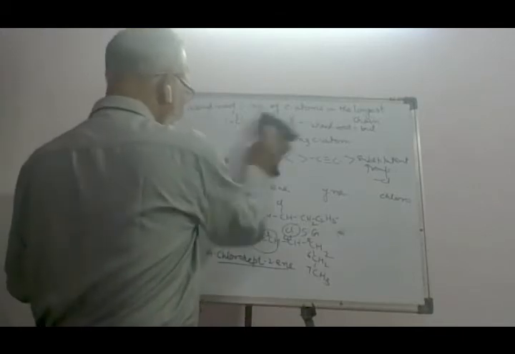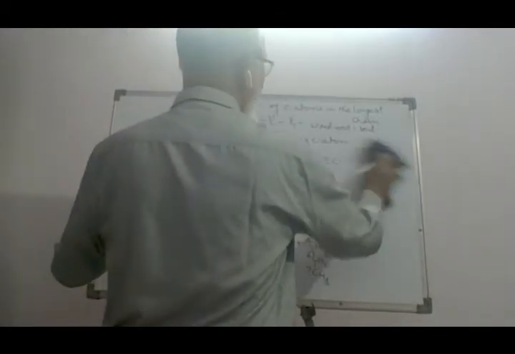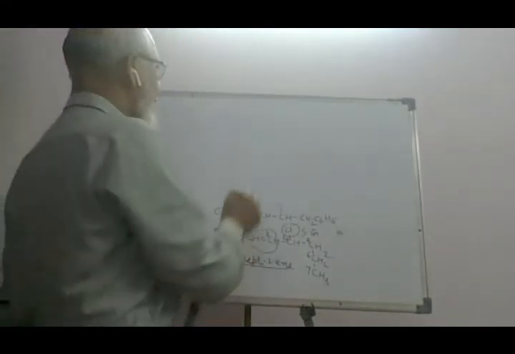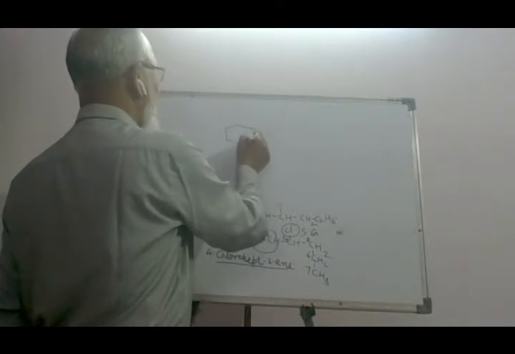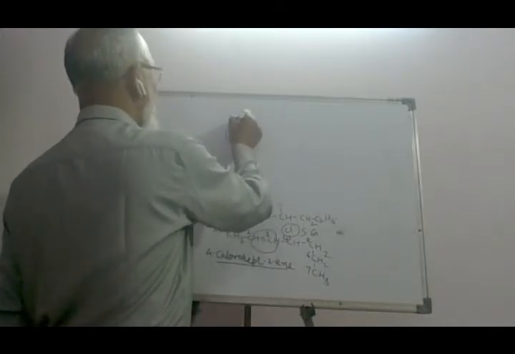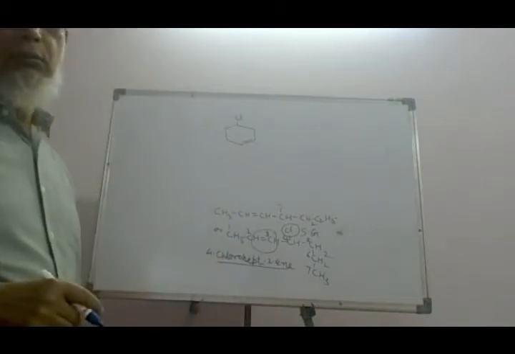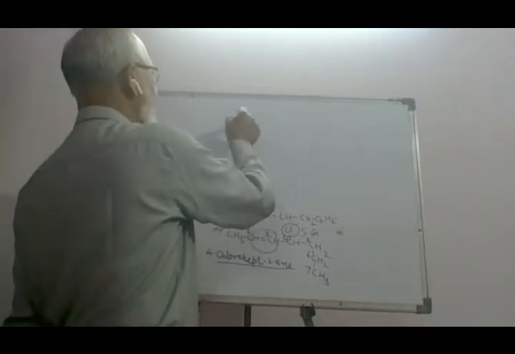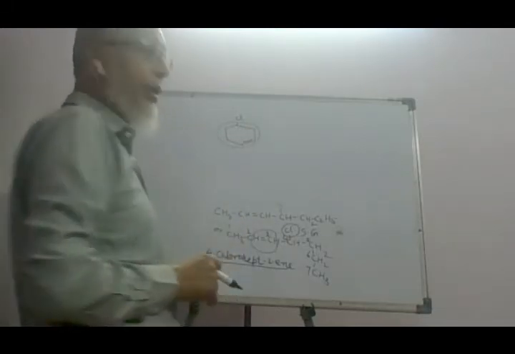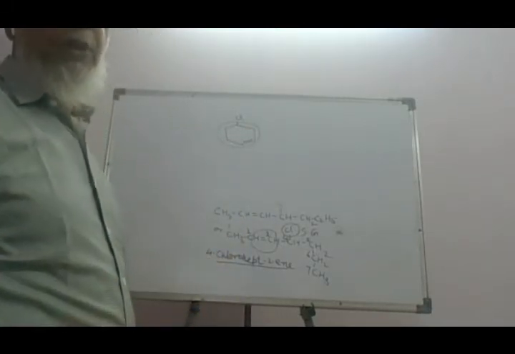Now let us take such a case in which there is the presence of a primary prefix also, like this compound. It is cyclic in nature, therefore a primary prefix will be there, that is cyclo.